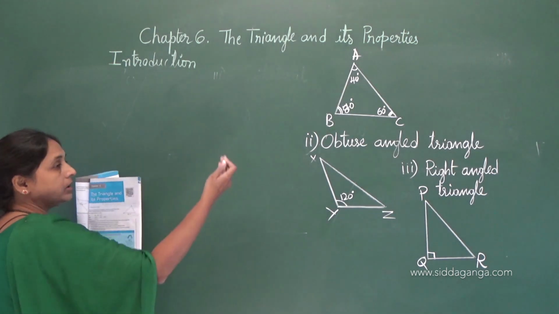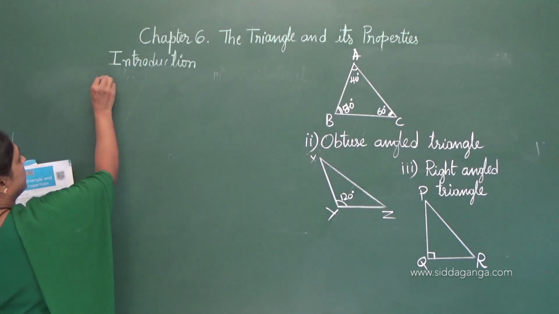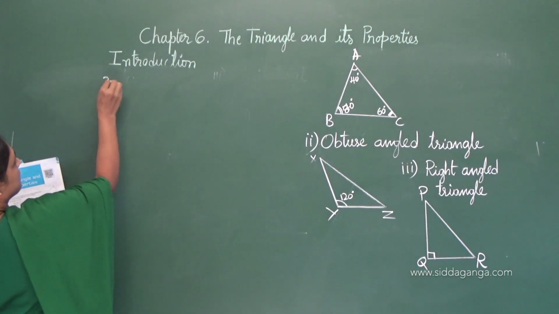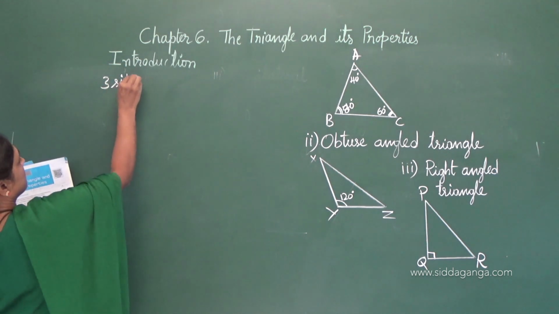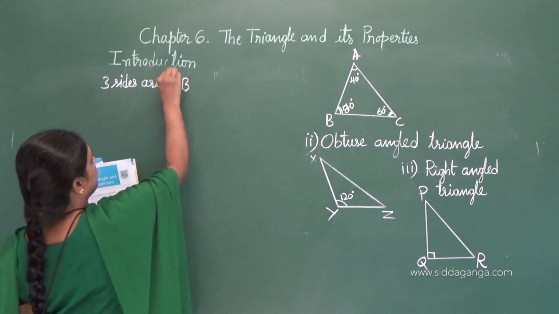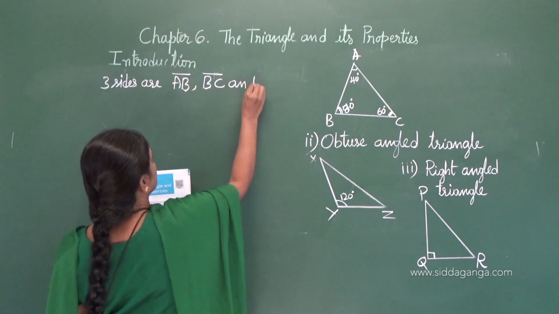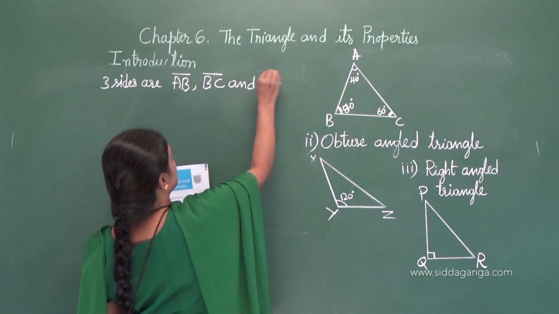The 3 sides are side AB, side BC and side CA.